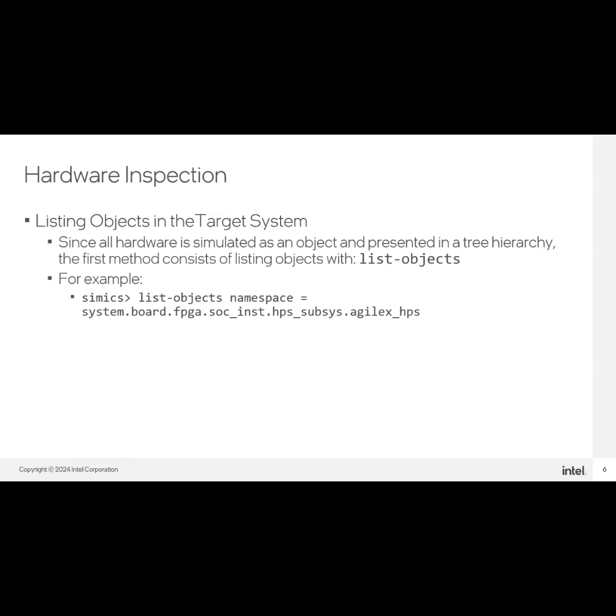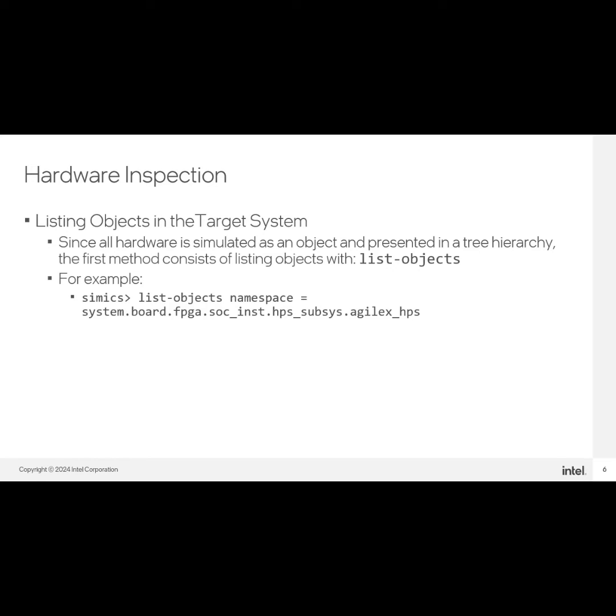In the Intel Simics Simulator environment, the virtual hardware platform is presented in a tree hierarchy of namespaces and objects. Each namespace can be expanded down to its sub-level objects. The first method to inspect hardware would be listing the objects using the command list-objects directly in the CLI.